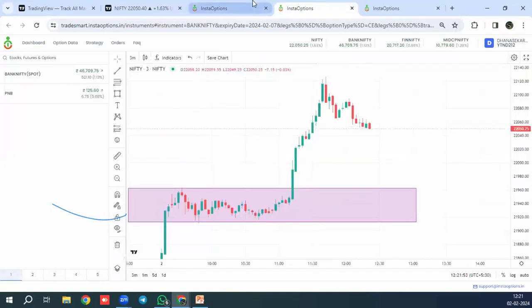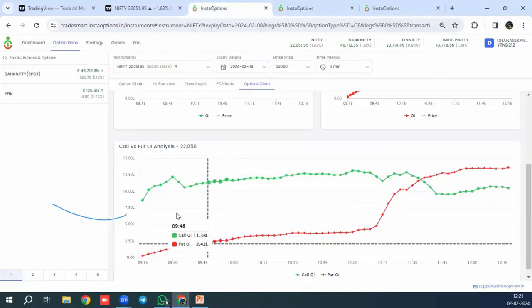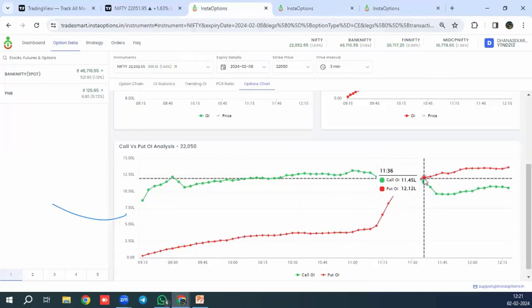So now it is giving us the ATM strike crossover. So with this crossover, we can either confirm that market trend has changed, or we can at least confirm that market is going to be in our direction or in the sideways direction.